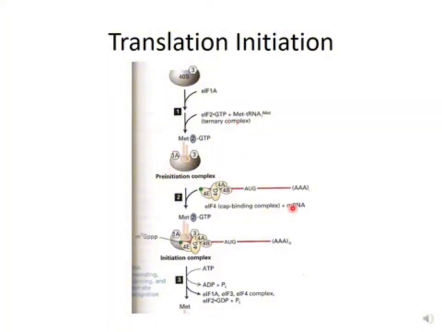Then comes in the targeted mRNA, already bound to the EIF4, that is bound to the 5' end cap of the mRNA. If you remember, the 3' end of the mRNA has a poly-A tail.